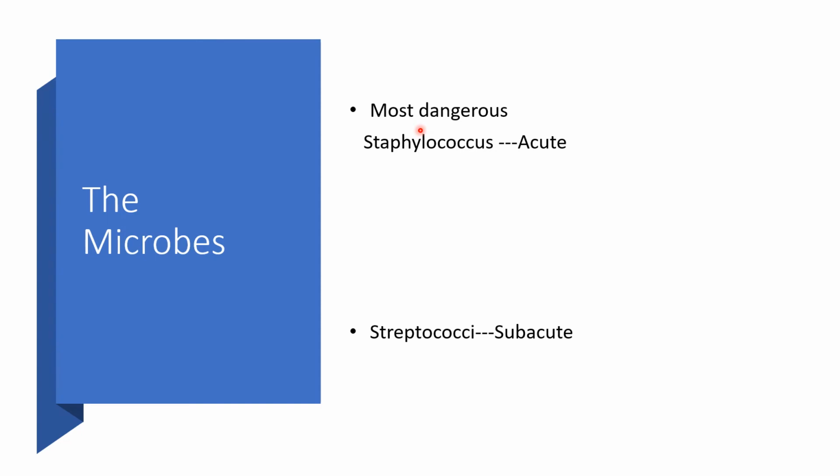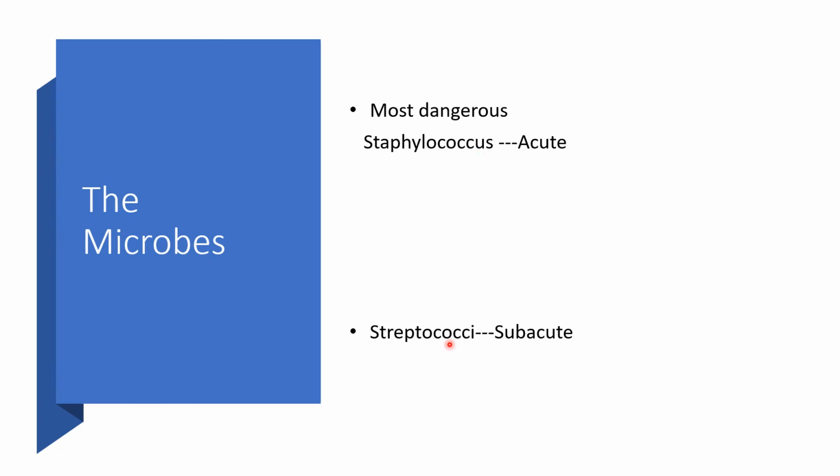The most dangerous of all the bacteria when it comes to infective endocarditis would be Staphylococcus, specifically Staphylococcus aureus. That will be the most virulent or fulminant and is responsible for acute infective endocarditis.